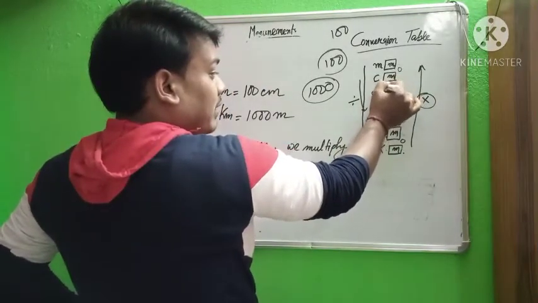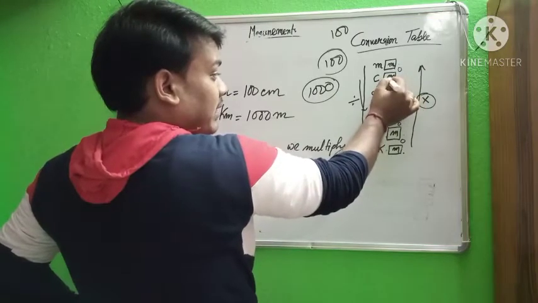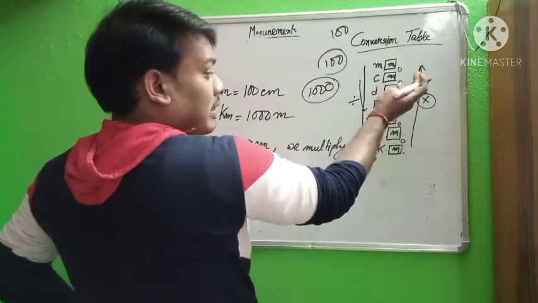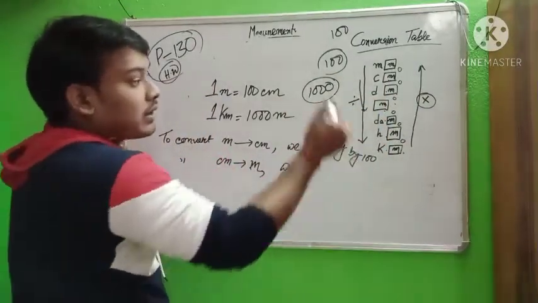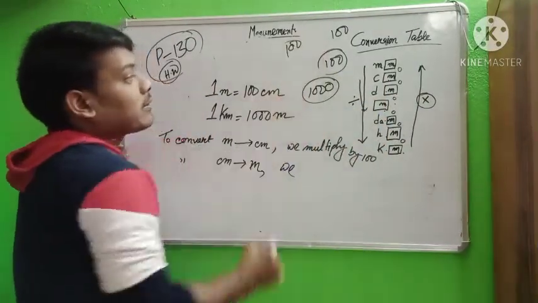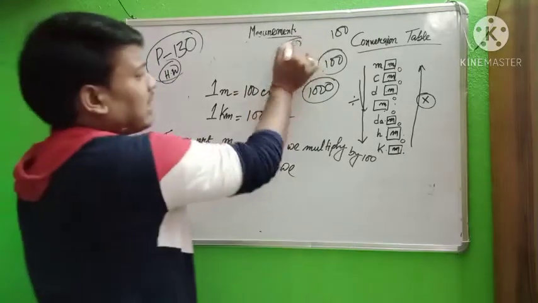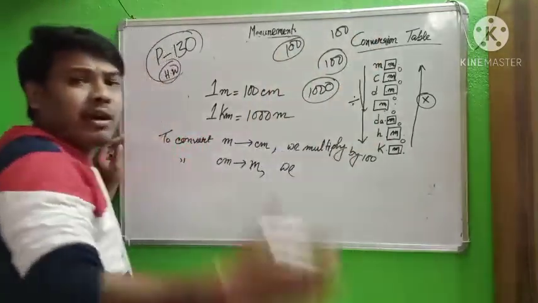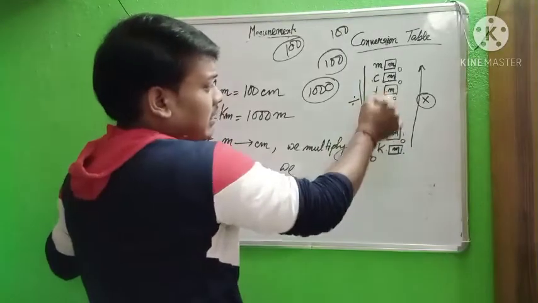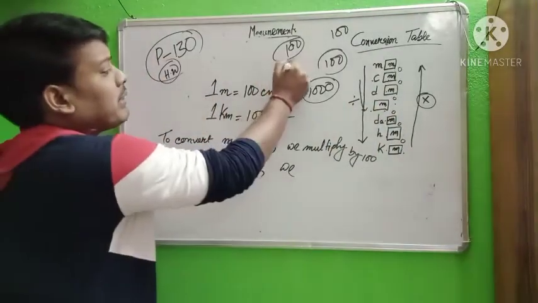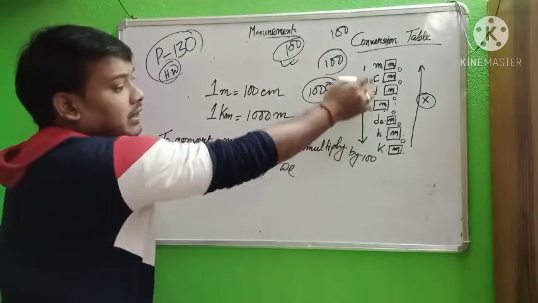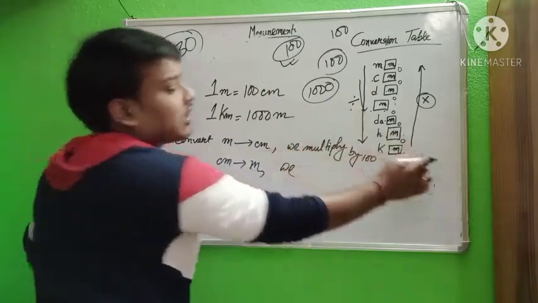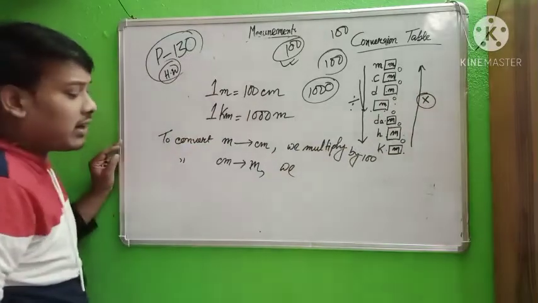How many gaps? Centimeter, decimeter, meter. So two gaps. So we divide or multiply by 100, depending on whether we go downward or upwards. Centimeter to meter is downwards, so we have to divide by 100. If we go downward then divide by 100, if we go upward then multiply by 100.